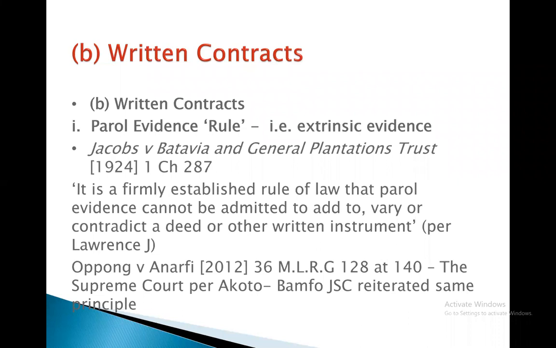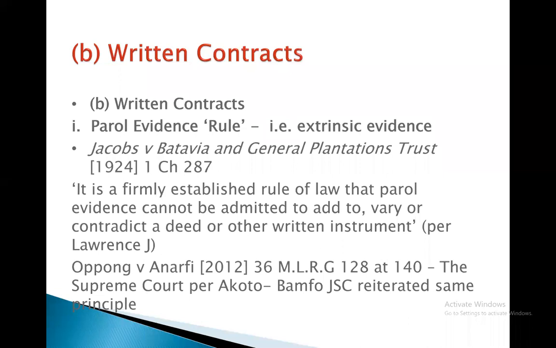Now, what about the situation of a written contract, where the contract is in writing? How will the court determine the terms? In other words, if you have a written contract, how can we be sure about the exact terms that the parties agreed upon?